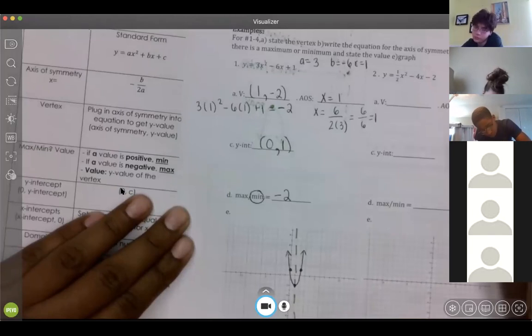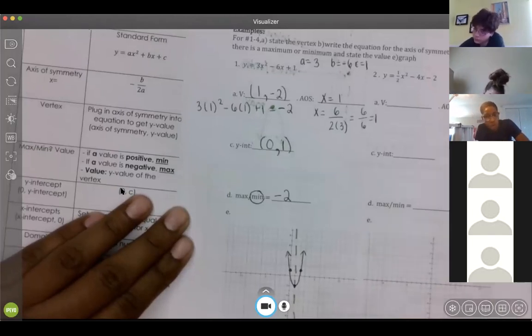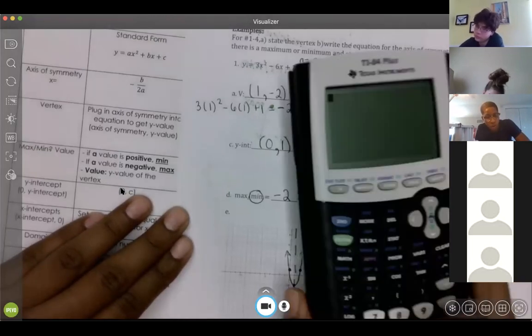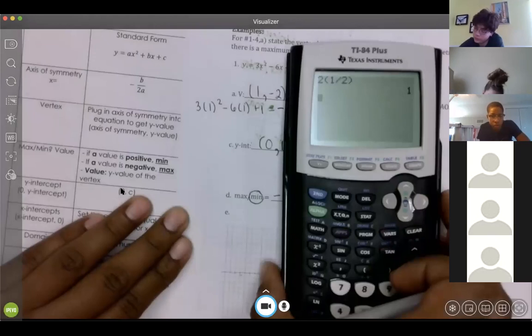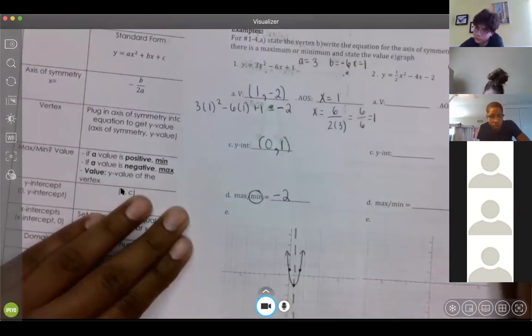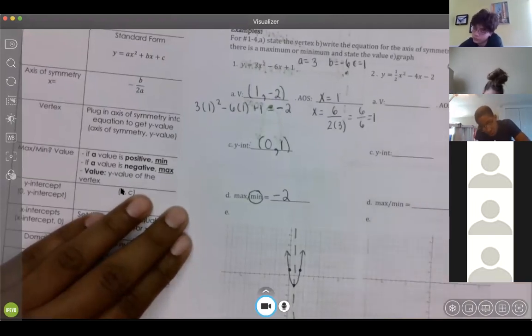And then 2 times 1/2, you can do that in your head or in a calculator. If you're going to do it in the calculator, you're going to do 2 parentheses 1 divided by 2 to get the 1/2, and that's going to give you 1. So 4 over 1, which is equal to 4. Don't forget, when you write axis of symmetry, you need to have the x equals. So it's x equals 4.